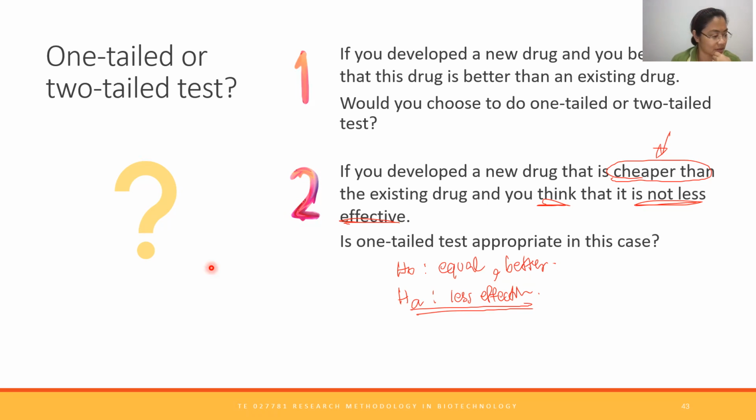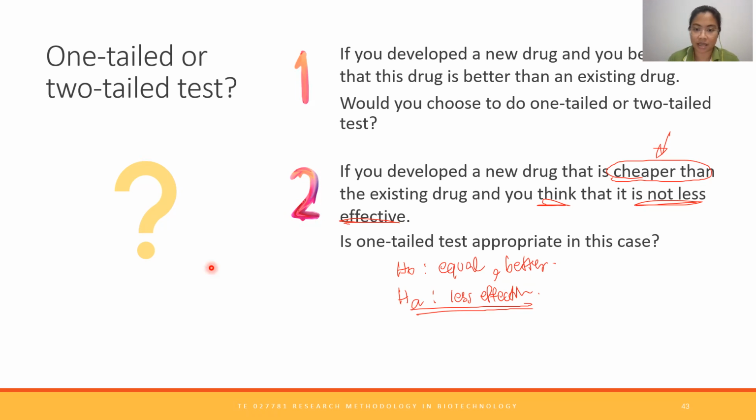So it's a better thing. And you are developing a new drug. How do you know whether it's cheaper? Because you have to come to that conclusion already, that it is cheaper.